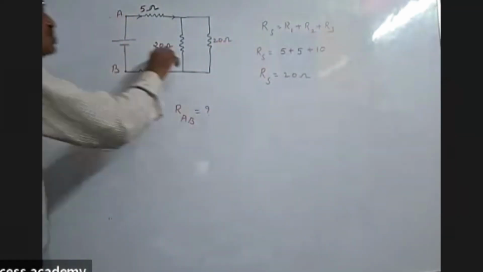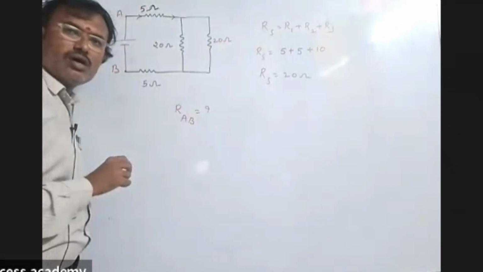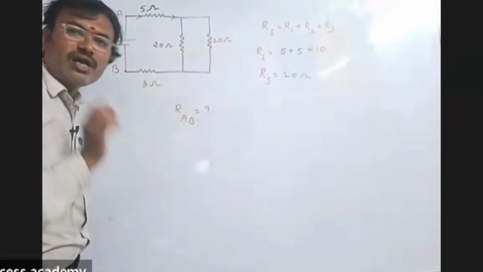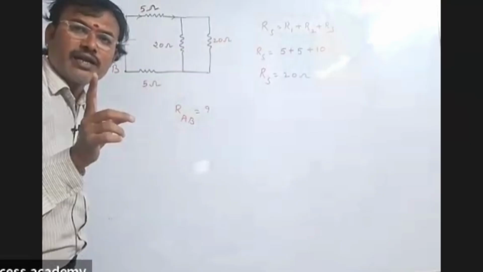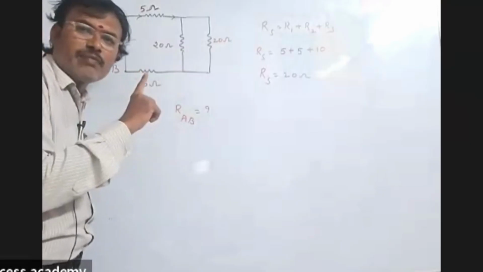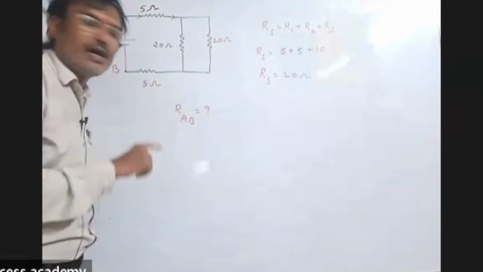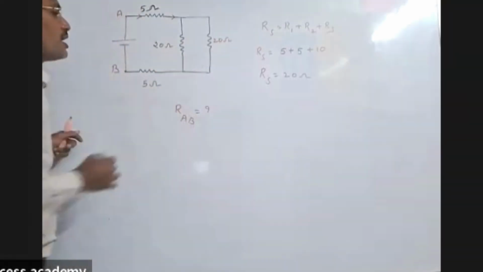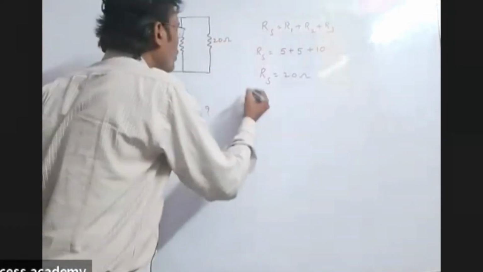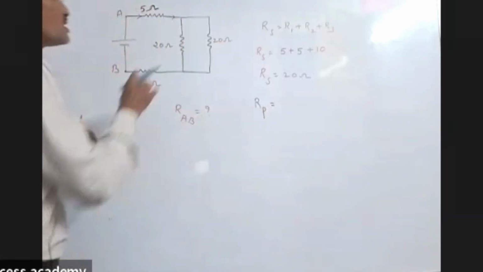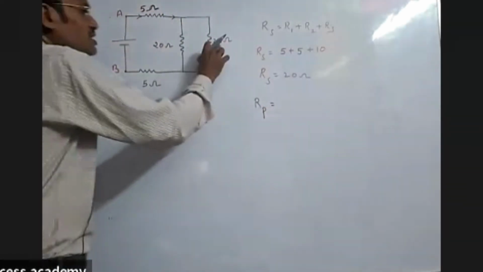Now these two resistors, are they in series or parallel? Parallel. These two are in parallel. In case of parallel combination for identical resistors, this is 20 and this also 20.